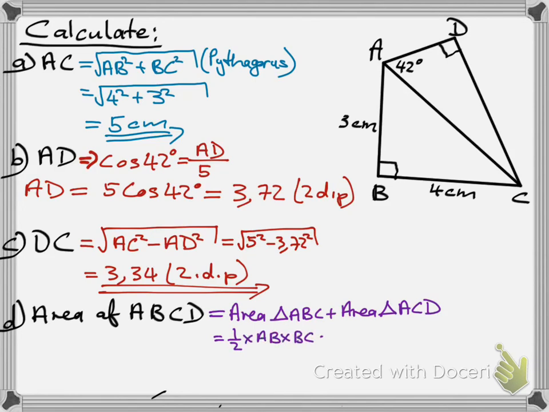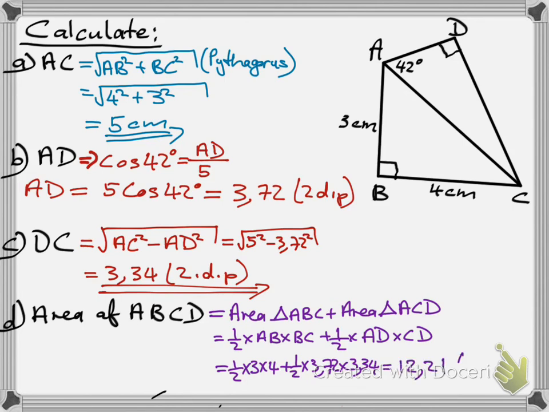So here our base will be AB, height is BC, and for ACD, base is AD and height is CD. Then you substitute the numerical values, and then we simplify. Our answer will be equal to 12.21. This is to 2 decimal places.